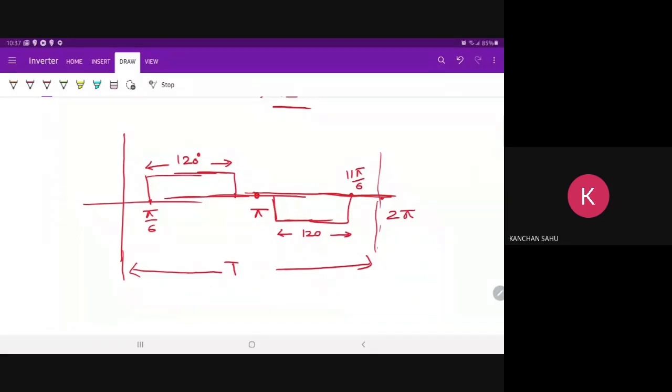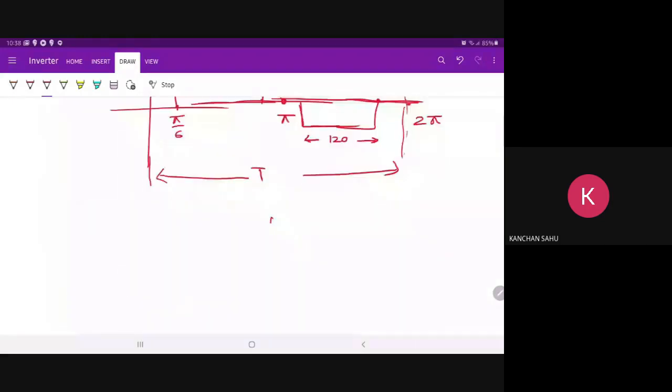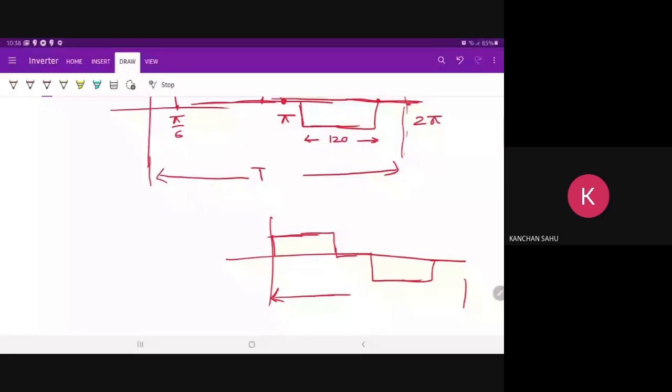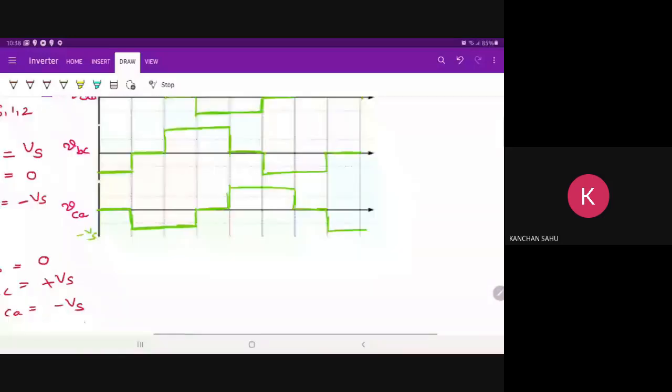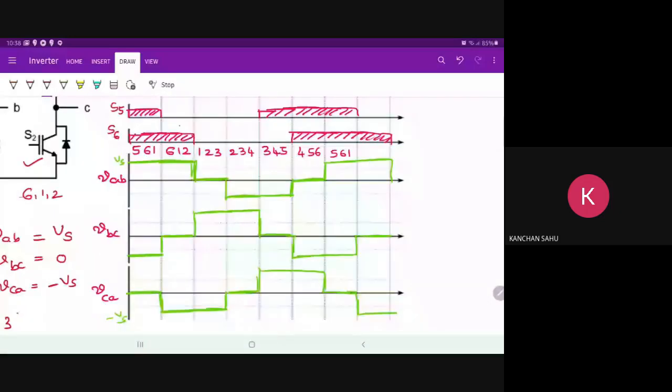The same thing, I just changed that. So this is what you got. This is the waveform corresponding to time period T. Here it conducts for 120 degrees, then 60 degrees, another 120 degrees, and 60 degrees, and the total is 360 degrees.